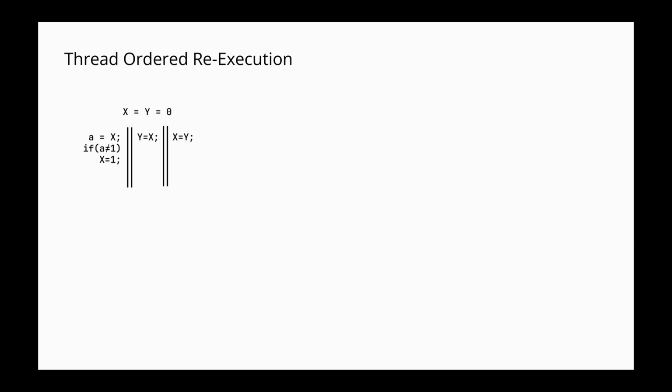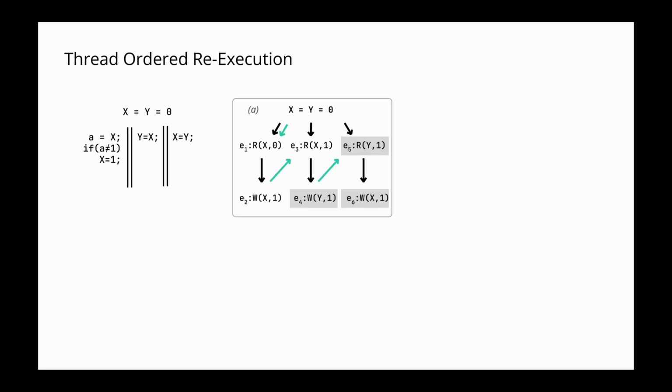The key here is that, unlike previously proposed multi-execution memory models that allow execution of only a single thread at a time, XMM allows execution of several threads. The only requirement is that threads should be re-executed one by one in accordance with a chosen thread ordering. So, to justify the relaxed outcome where a equals 1 for the given program, XMM first constructs an acyclic graph shown on the slide.